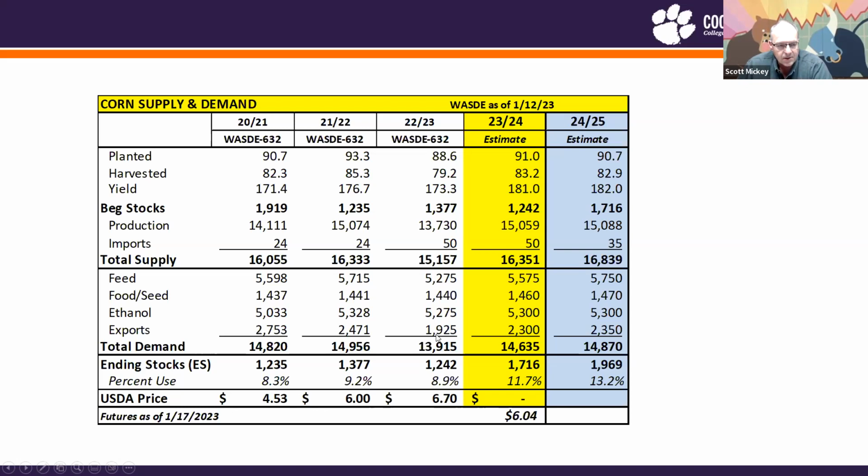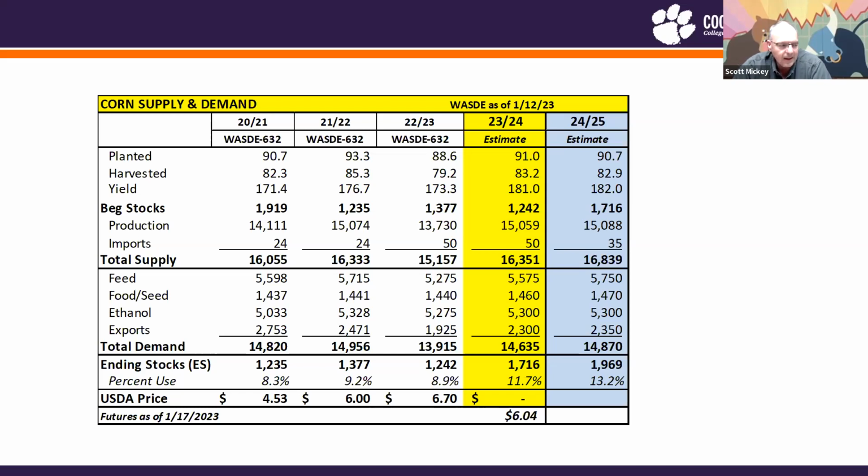In 2022, we exported about 1.9 billion bushels, and we're showing an increase to 2.3 billion bushels. That's nearly a 400 million increase in exports, and that won't happen with high commodity prices.